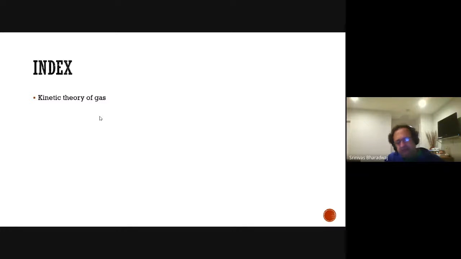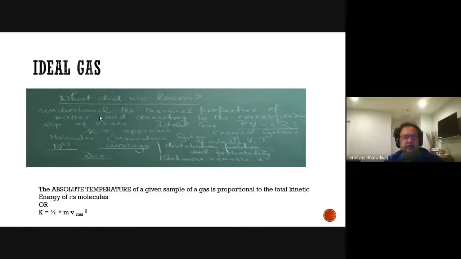They're saying that how fast the molecules move around determines the heat contained and the temperature. The absolute temperature of a given sample of a gas is proportional to the total kinetic energy of its molecules, or K equals half m v_rms squared, right?